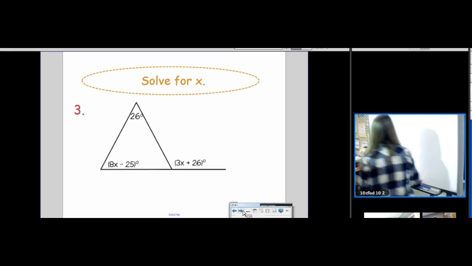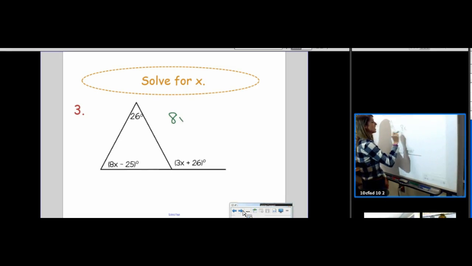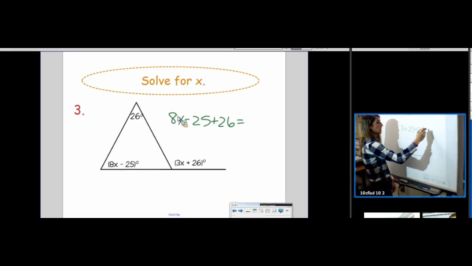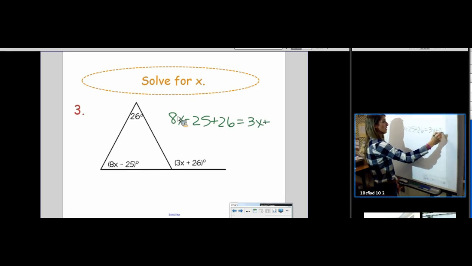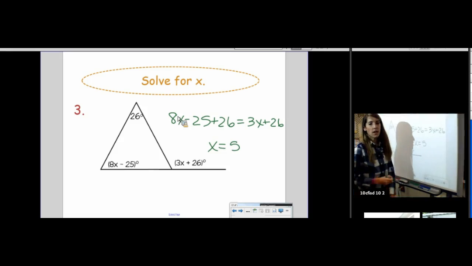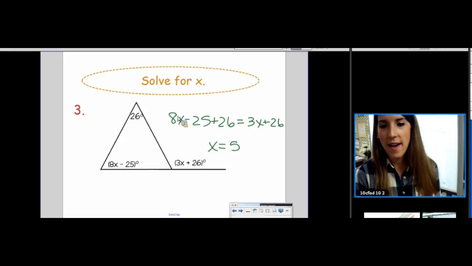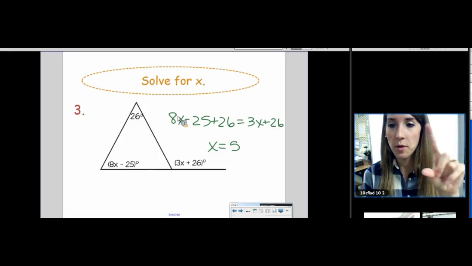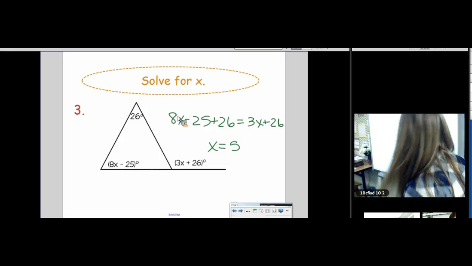Our theorem tells us that the sum of the remote interior angles equals the exterior angle. So that would be the setup for the problem, and we revealed that the value of x was 5. Good job. So how do you set this up? You add your remote interior angles and set it equal to your exterior angle. Okay? Fabulous.